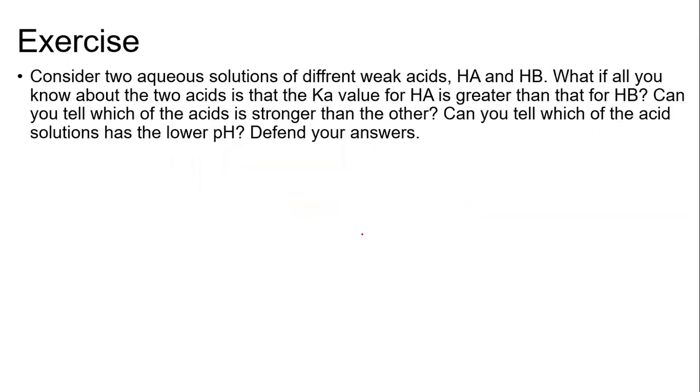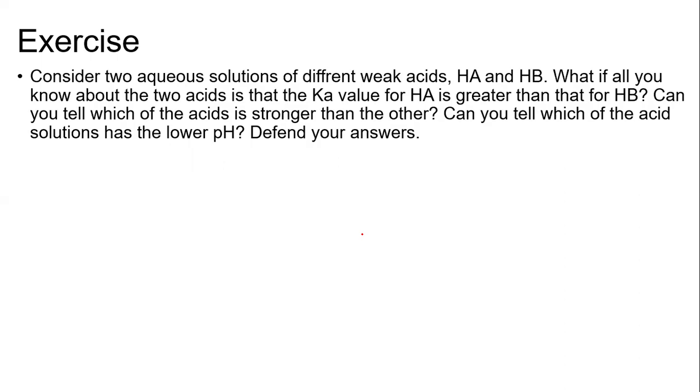Good. Next question. Consider two aqueous solutions of different weak acids, HA and HB. What if all you know about the two acids is that the Ka value of HA is greater than that of HB? Can you tell which of the acids is stronger than the other? Can you tell which of the solutions has a lower pH? Defend your answer.